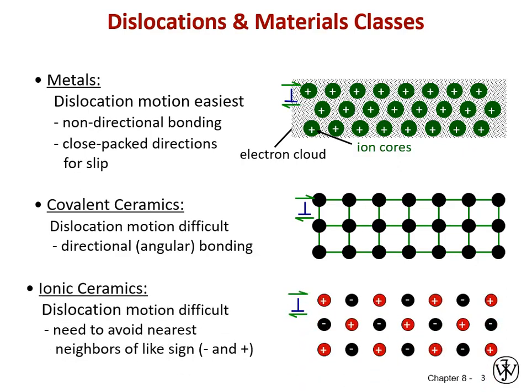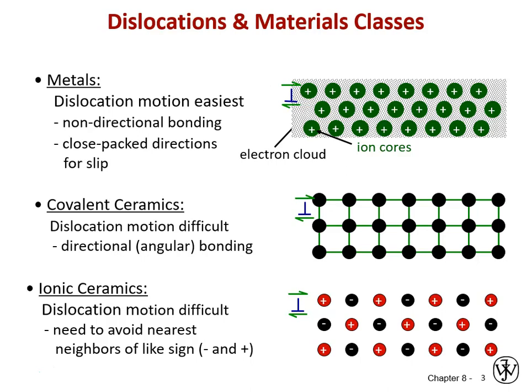And you can see here in an ionic crystal, for that dislocation to move through that crystal of alternating positive and negative charges, at some point those two positive charges will be in close proximity to one another. They'll have to move over and be pretty much lined up with one another, and likewise with the negative.